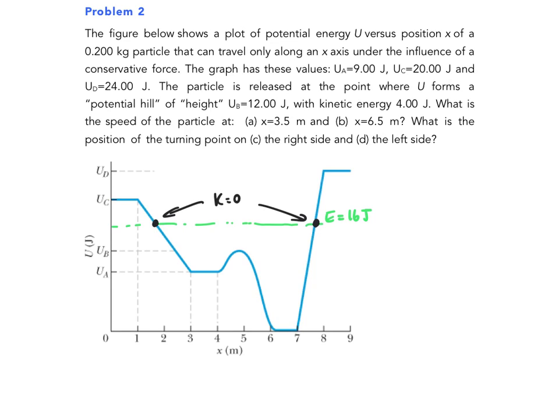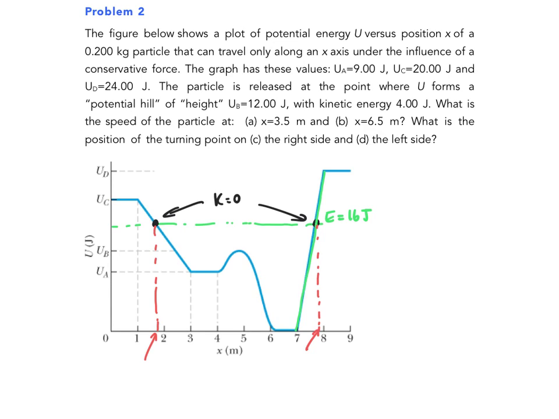So we need to find out what those points are. What we should do is find the equation of this line here. That's going to help us, because what we really want to find is this point here on the right and this point here on the left.